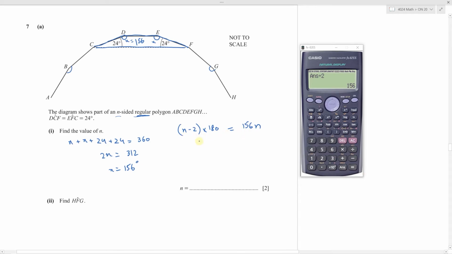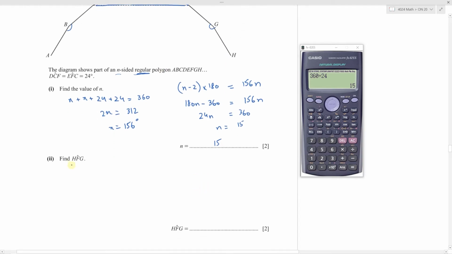So now let's solve this equation for n. If I multiply 180 here, I get 180n minus 360 equals 156n. Bring this here, 180 minus 156 is 24n, and bring this 360 to the other side. And n will be 360 divided by 24, which is 15. So the value of n is 15, which means there are 15 sides to this polygon.